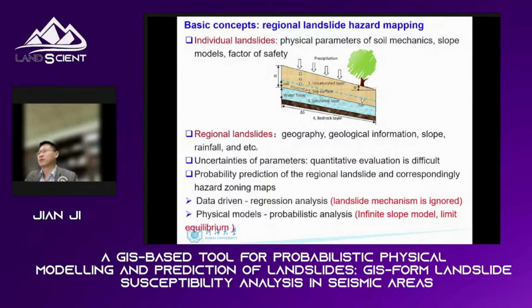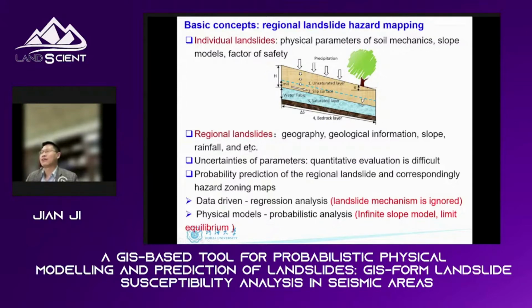For regional landslide analysis, besides an easy to follow stability model, we also need additional information like geographical and geological information, and even regional rainfall data.